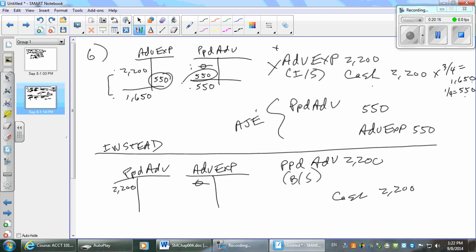Everybody see it? But where do I want to be at the end, at November 30th, the year end for this company? How much of that have I used up? 1,650. How much have I not used up? 550. Which account would I like to be 1,650? The expense.